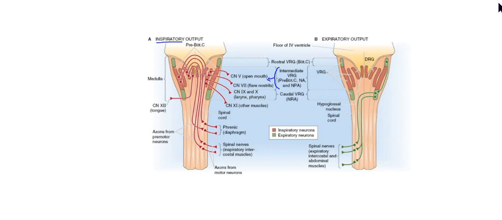Here are your phrenic nerves, and all of these ones in red are responsible specifically for causing inspiration. You'll have nerves that will innervate your pharynx, your throat, your mouth, everything that's going to help you to draw air in. This whole area up here is the medulla.